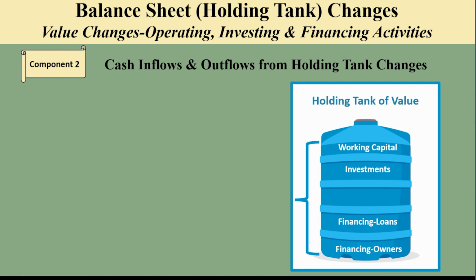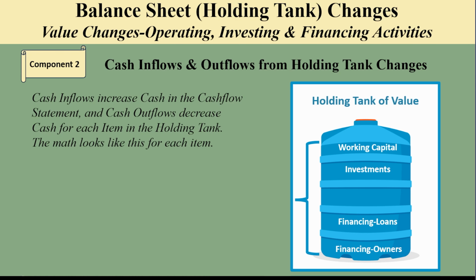Working capital, investments are sitting there, financing from loans, and financing from owners. Cash inflows increase cash in the cash flow statement, and cash outflows from this tank decrease cash for each item in the holding tank. The math looks like this for each of the items.